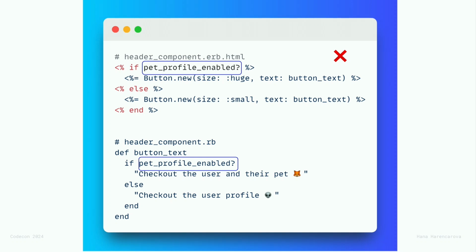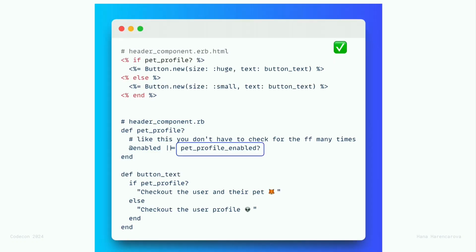So let's say we have many components and places where we need to change the behavior based on our feature flag. And again, up there, there's our component, and down there, it's our RB file where we have methods which are generating data for that view component. We could check the feature flag on both those places, and it's not necessarily bad, and usually nothing happens.